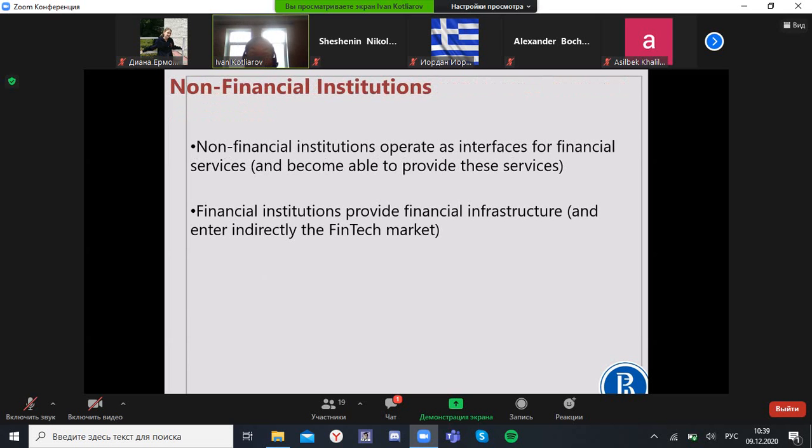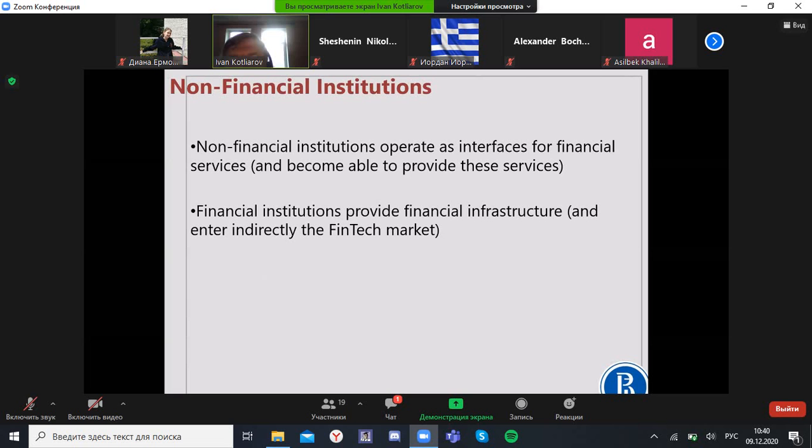Okay, you should understand that in many cases, non-financial institutions do not have their own financial infrastructure. For example, Vkontakte has no financial infrastructure. All payments are processed by VTB24 bank. What does it mean? Non-financial institutions operate as interfaces for financial services.